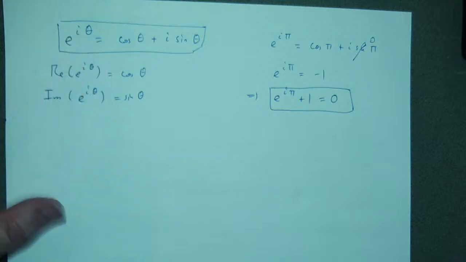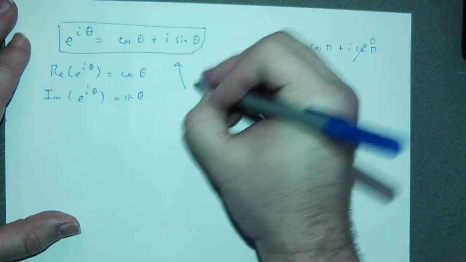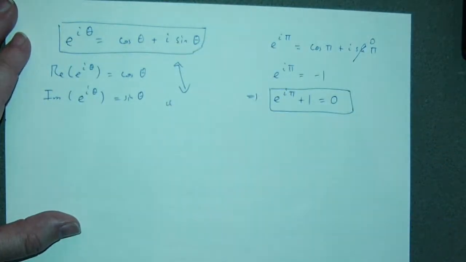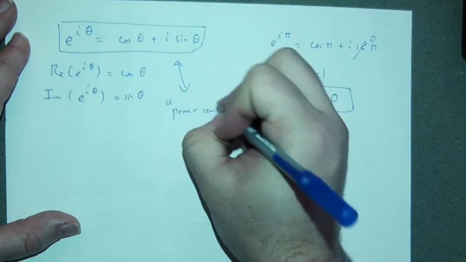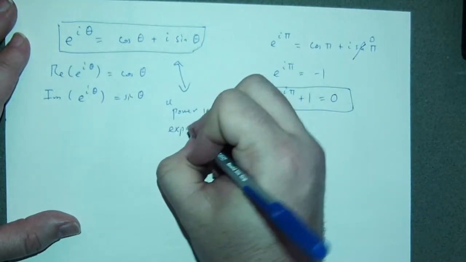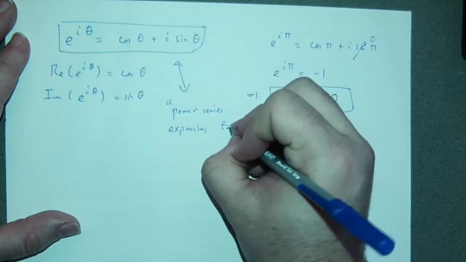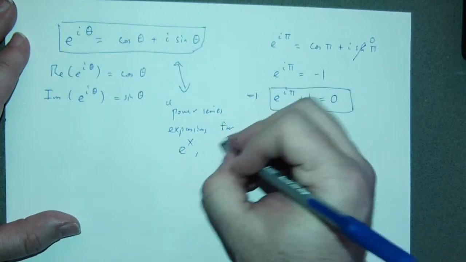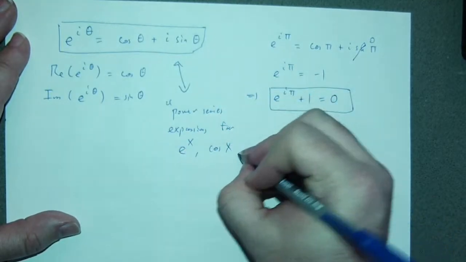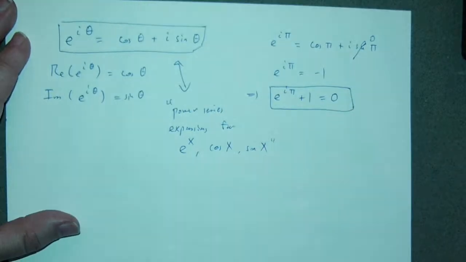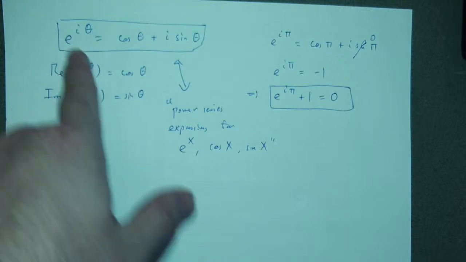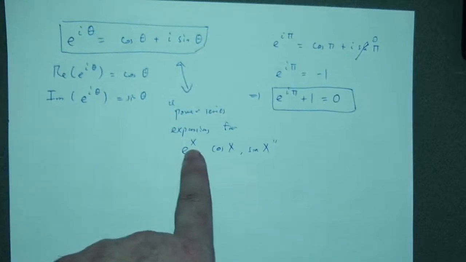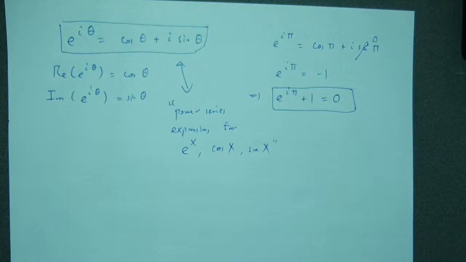Now, you might say, where did this come from? I'm not going to do the full derivation, but if you want to know, take the power series expansions or Taylor series expansions for e to the x, cosine x, and sine x. Just formally write out the power series for these three things, plug in i theta here, and do some algebraic manipulation.